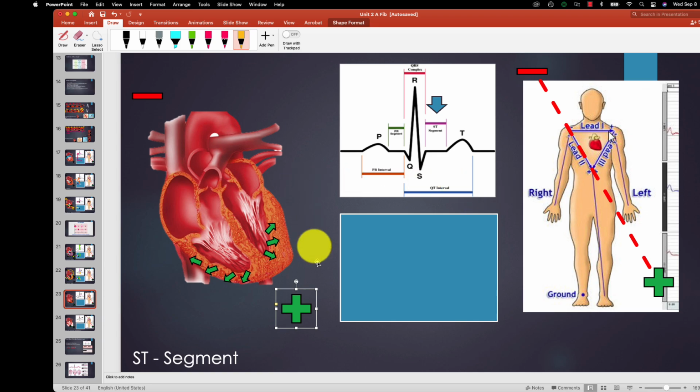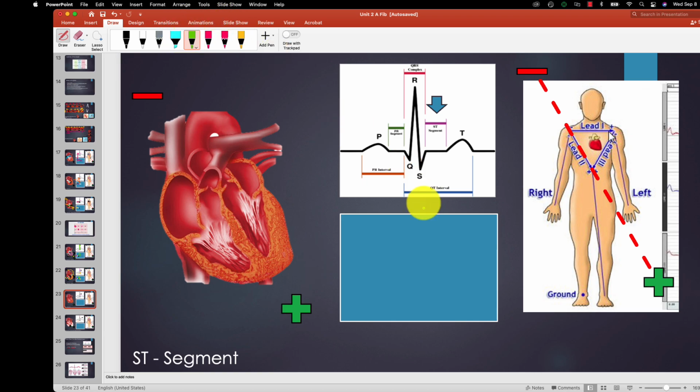So here we have no net movement of charges because we are about to start repolarizing. That indicates that the cardiac cycle is almost done, and now we're going to repolarize.